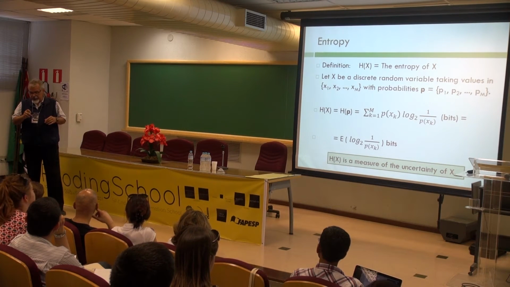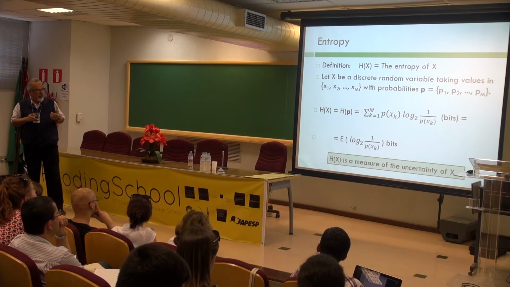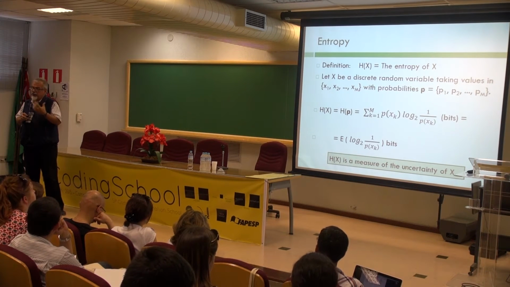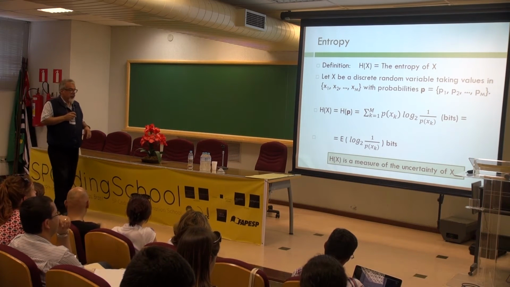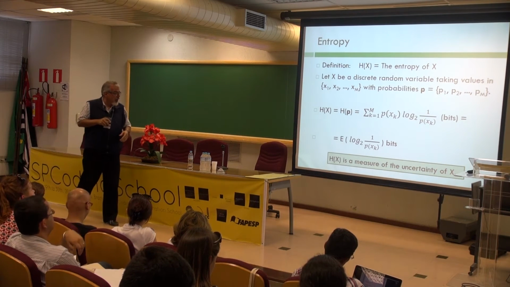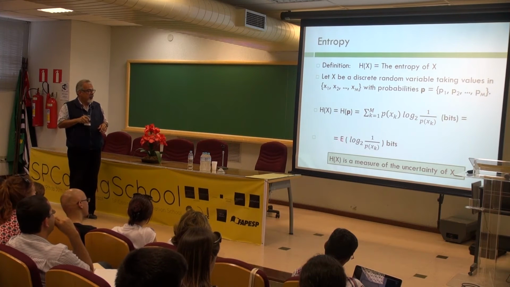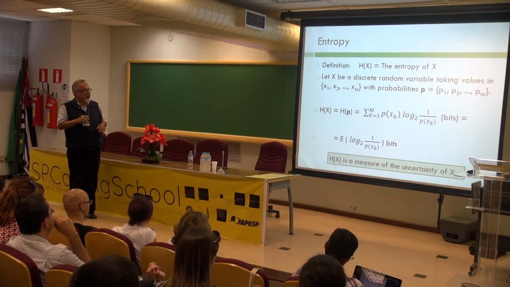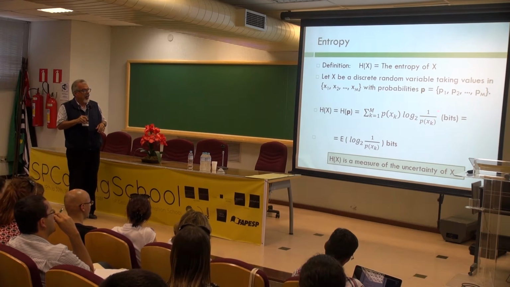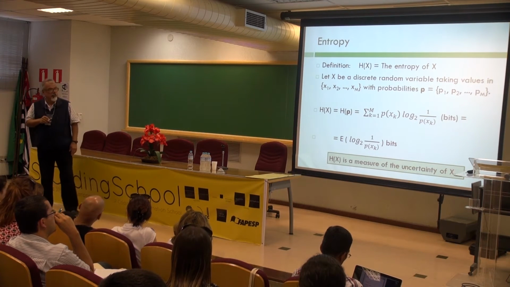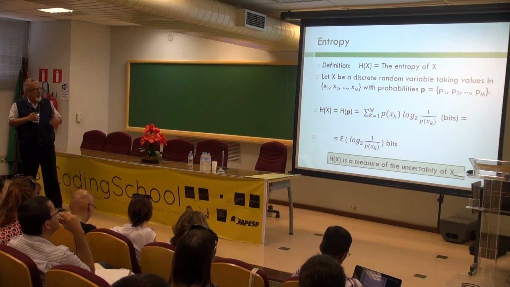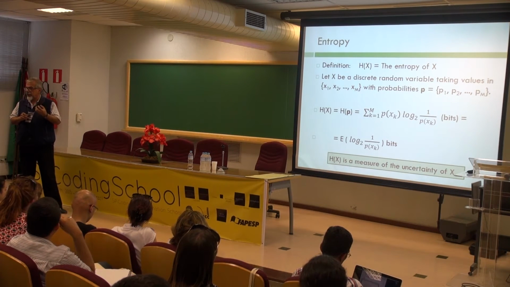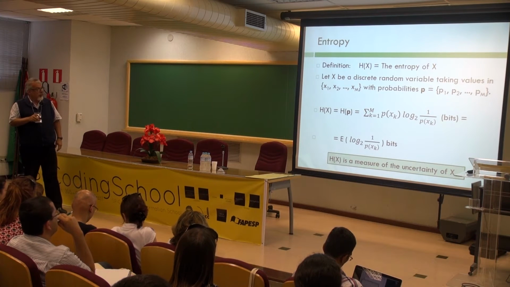Well, he decided to measure the uncertainty, or the amount of information with the knowledge of the random variable, by the average, the expectation of this number. And then the expectation takes this form here, summation of p times the function. So that expression is a measure of the uncertainty that is built into a random variable X.